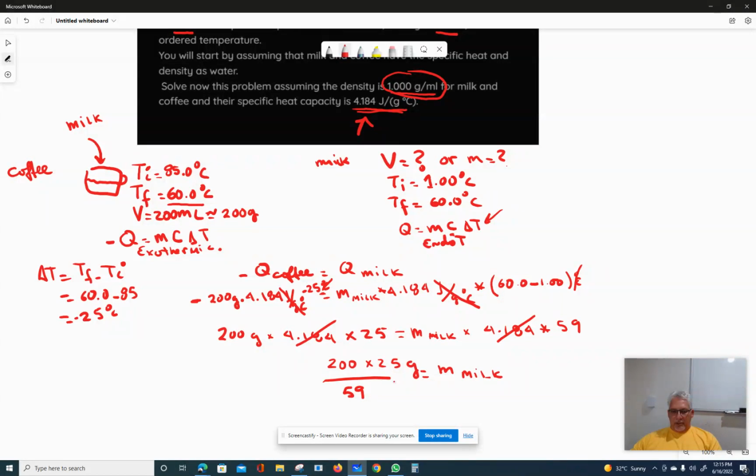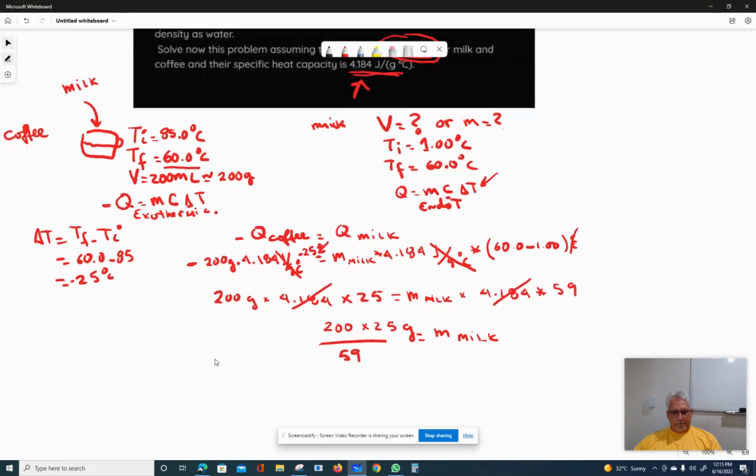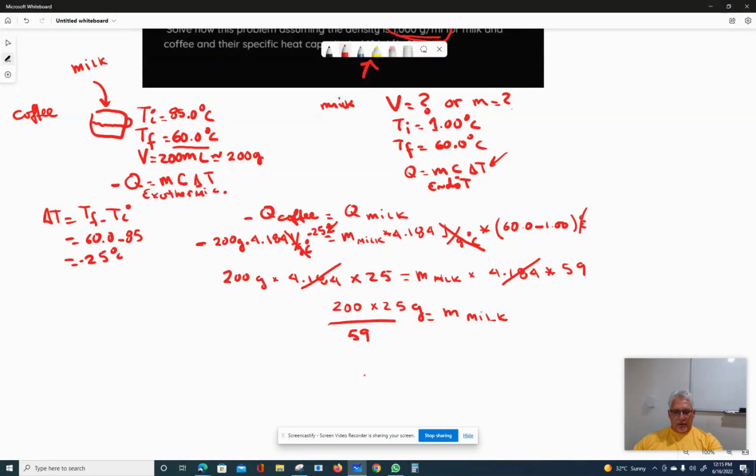And of course, all of this will be in gram, and I'm going to perform the calculation. So that will be 200 times 25 divided by 59, and the answer I get from this calculation is 84.74 gram of milk.